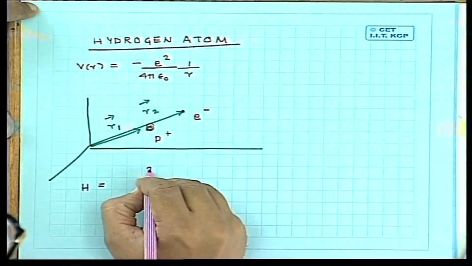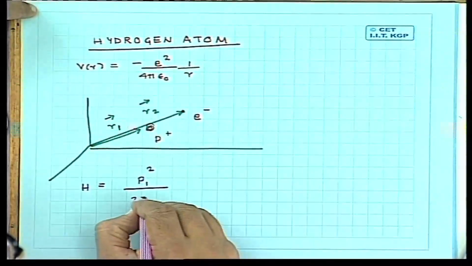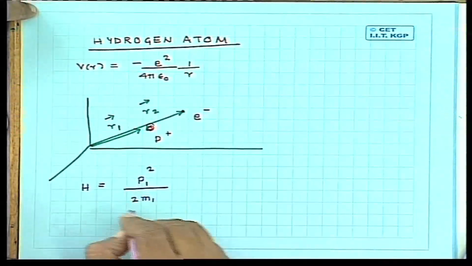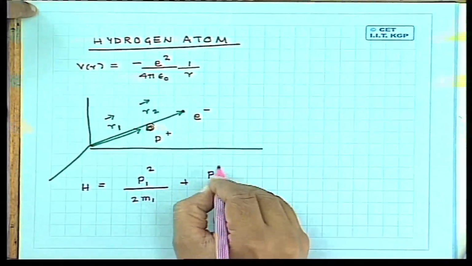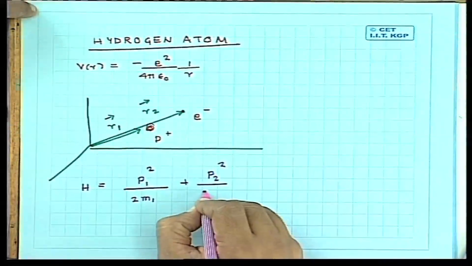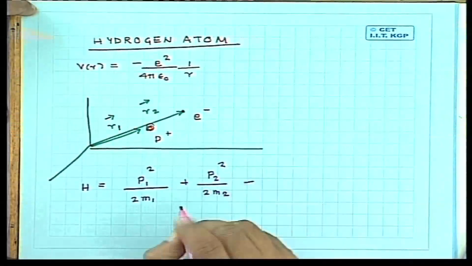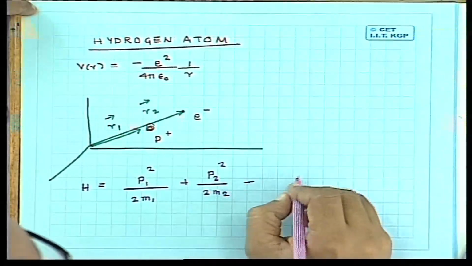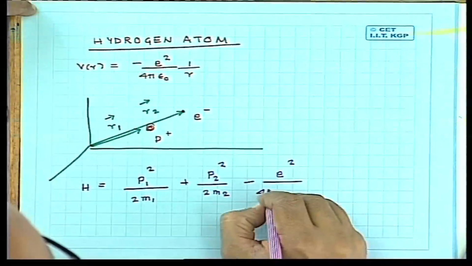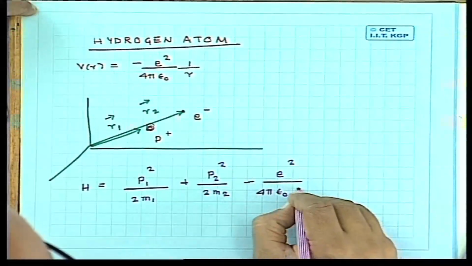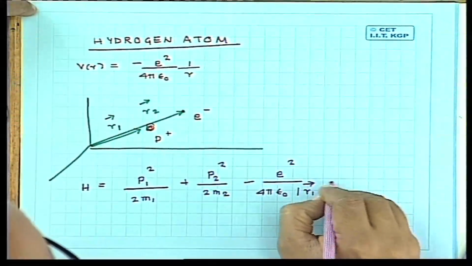So, P1 squared, there could be two particles of two arbitrary mass, does not matter, by 2 m1, this is the kinetic energy of the first particle, plus P2 squared by 2 m2, this is the kinetic energy of the second particle, and then we have the interaction which is minus e square by 4 pi epsilon naught, then we have the mod of R1 minus R2.